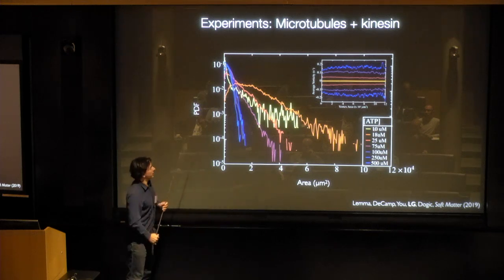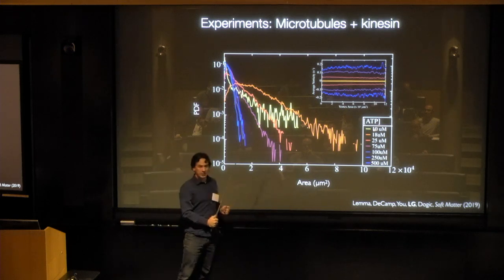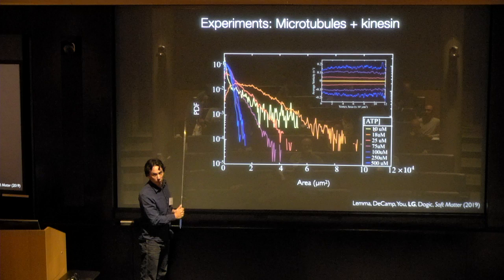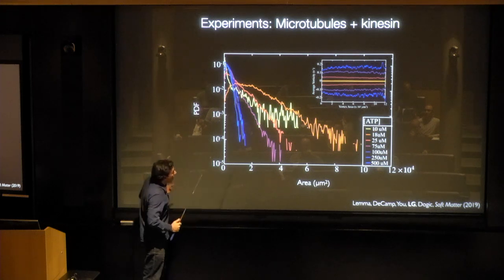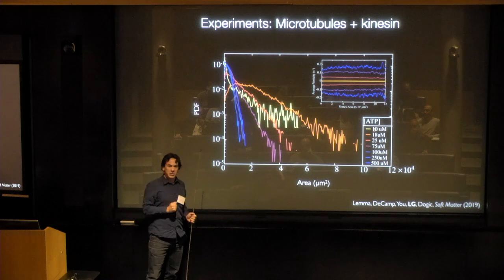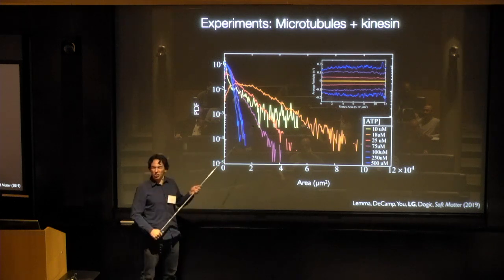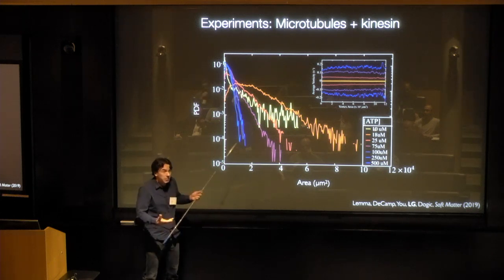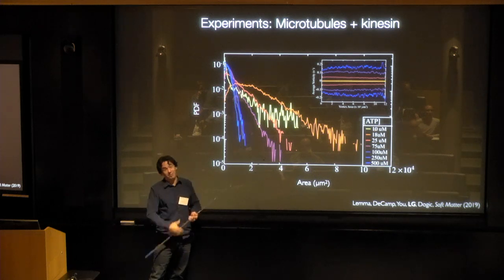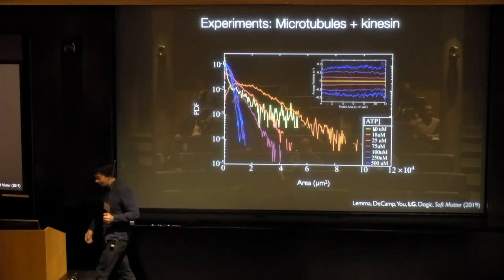Nevertheless, Zvonimir and Linnea also noticed that if you go to very small activity values, the exponential distribution is not that exponential anymore. And why is that? Well, there can be many different reasons: too close to onset, for instance, or not enough statistics, or perhaps for small activity values there are other effects that come into play and break down the universality.